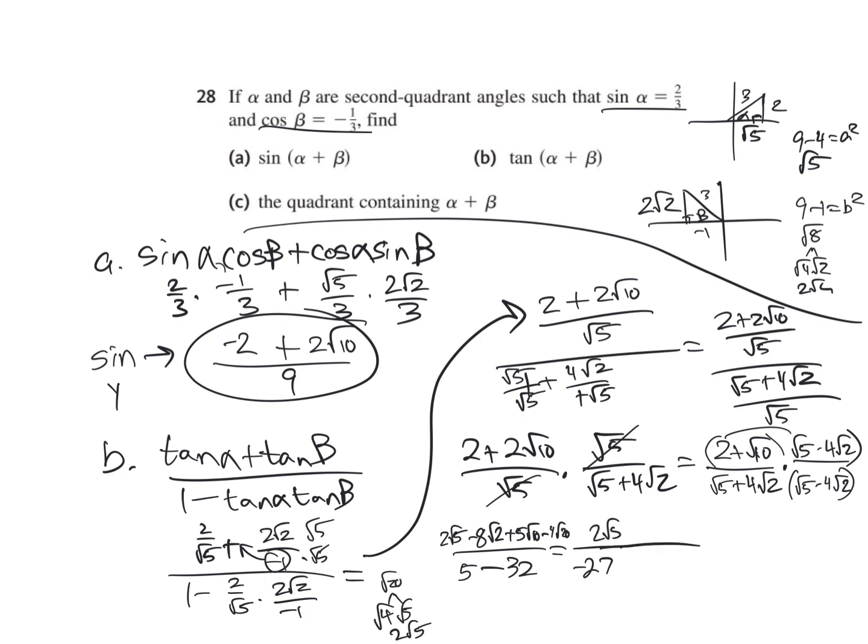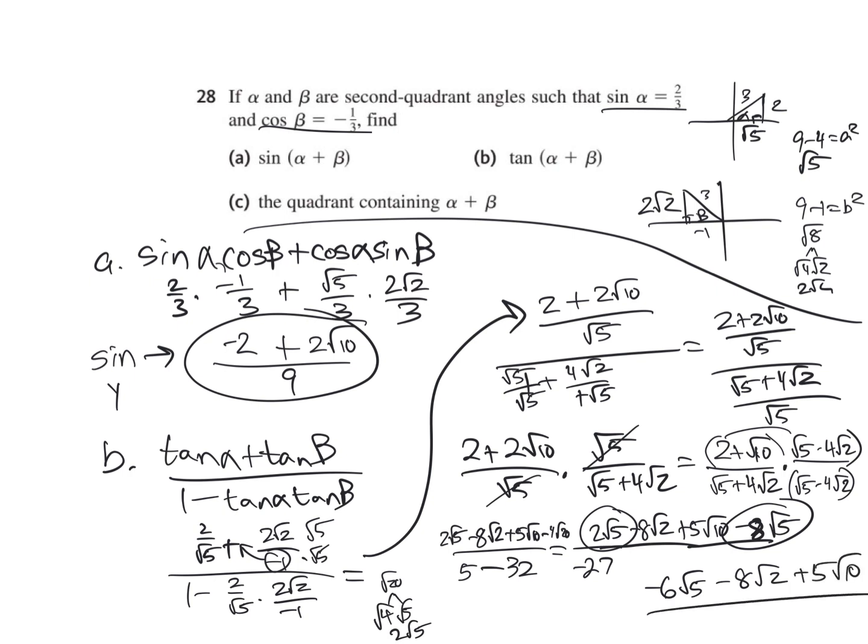We have 2 square root of 5, and we've got a minus 8 square root of 2 plus 5 square root of 10, and then we have minus 2 times 4, which would be 8 square root of 5. So we can put those two together for a final answer of, let's say, 2 minus 8 would be negative 6. Negative 6 square root of 5, minus 8 square root of 2 plus 5 square root of 10, all over negative 27.